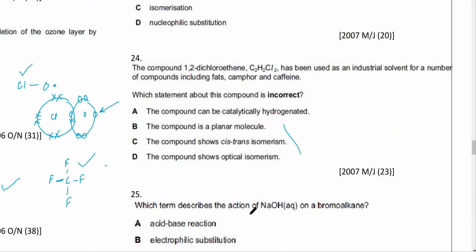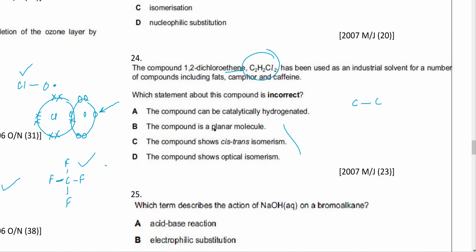Then there is the compound 1,2-dichloroethane C2H2Cl2 has been used as an industrial solvent for a number of compounds, including fats, camphor, and caffeine. Which statement about the compound is incorrect? The compound can be catalytically hydrogenated. Incorrect वो कह रहा है. अच्छा, first thing, look at this molecule. उसने कहा है कि, I mean, the two carbon atoms. और ethene है.